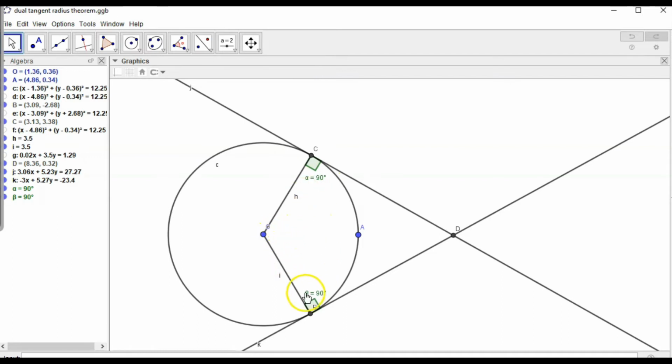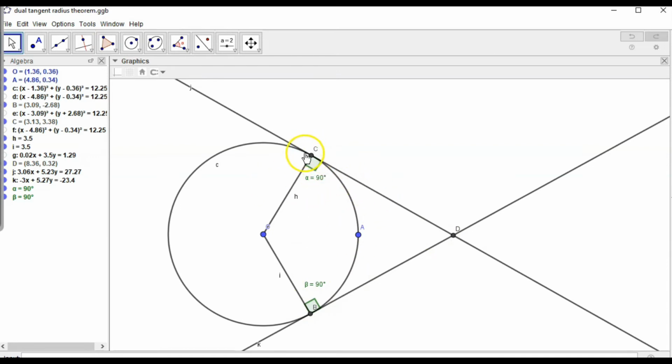Angle beta is the intersection between the radius OB and DB, which is the tangent, and therefore it also forms an angle of what? 90 degrees. Remember, we added another property, whereby we said that the lengths of the two tangents, DC and DB, are equal in size.